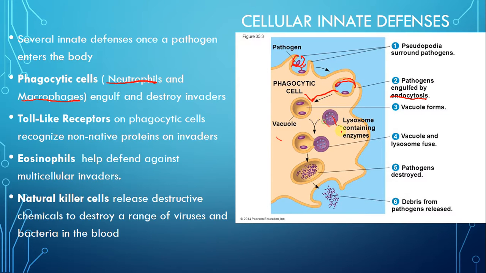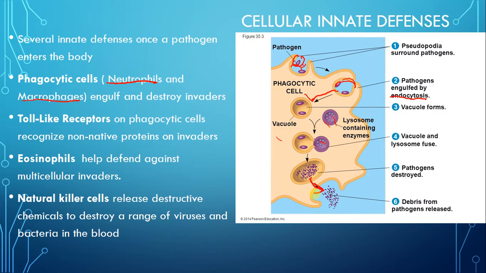Phagocytic cells have tons of lysosomes with digestive enzymes. The vacuole containing the pathogenic material fuses with a lysosome. The lysosomal enzymes destroy the pathogen. Once it's destroyed, via exocytosis, the cell releases the debris.